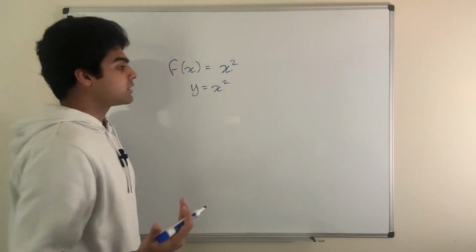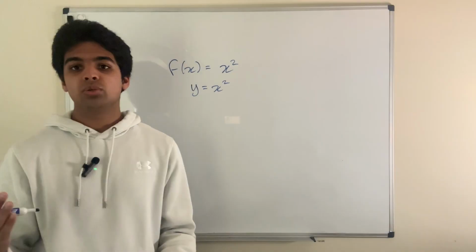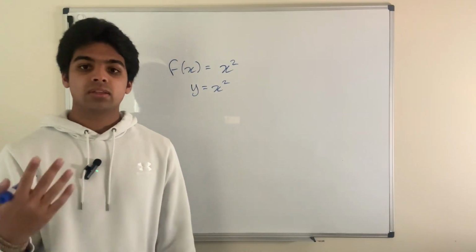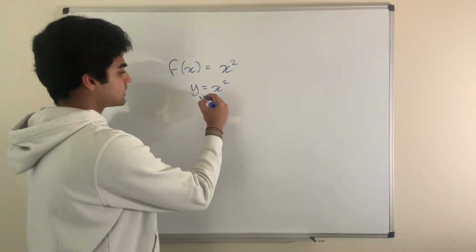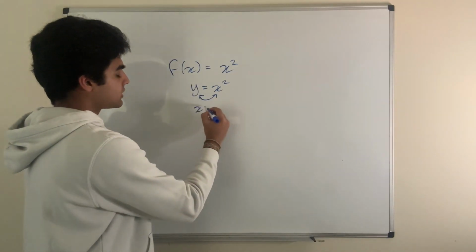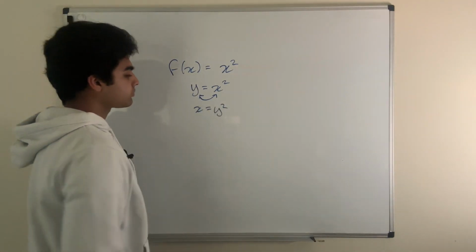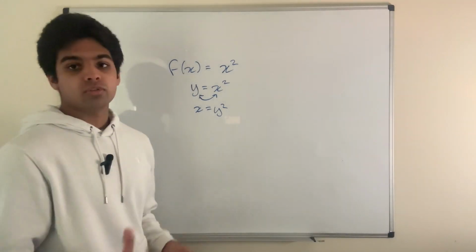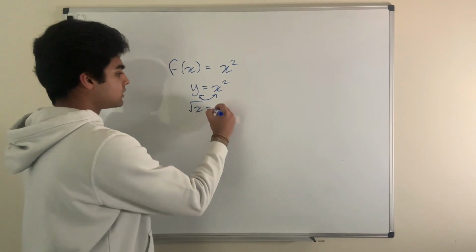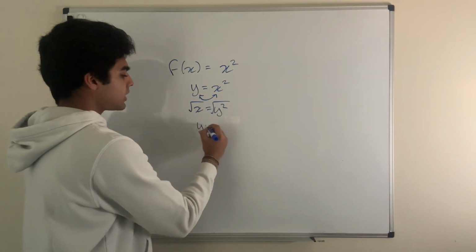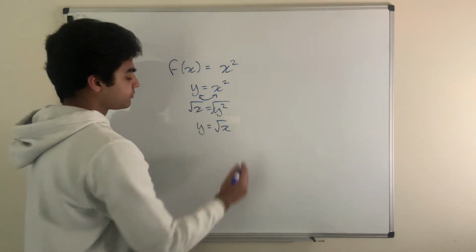And then an inverse function is what happens when you switch the x and y and then solve for y. So in this case, we're going to switch the x and the y, so we make this x equals y squared. And then we're going to solve for y. So we're going to take the square root of both sides. So we'll get y equals root x.